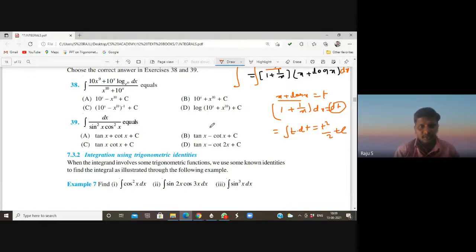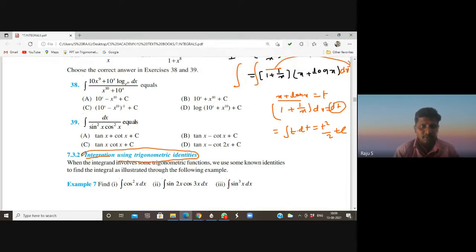Yeah, the next concept is integration using trigonometric identities. Right? So when the integrand involves some trigonometric functions, I use some known identities to find the integral.